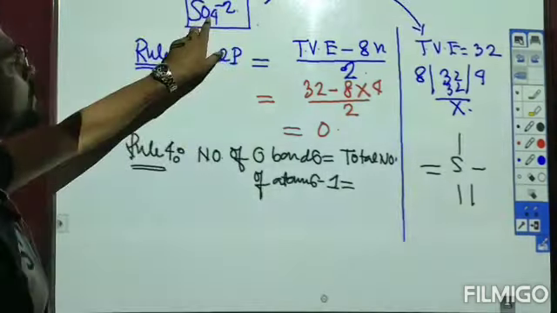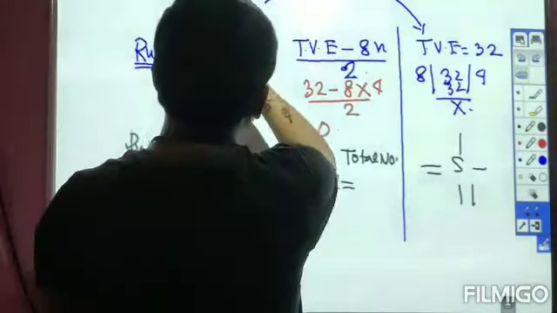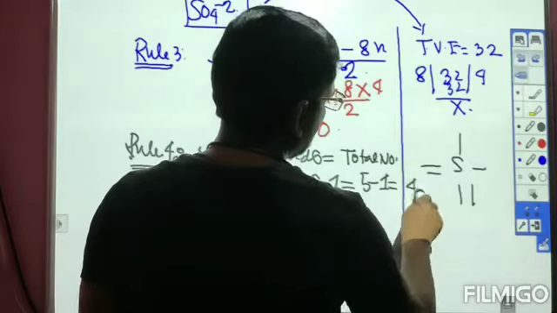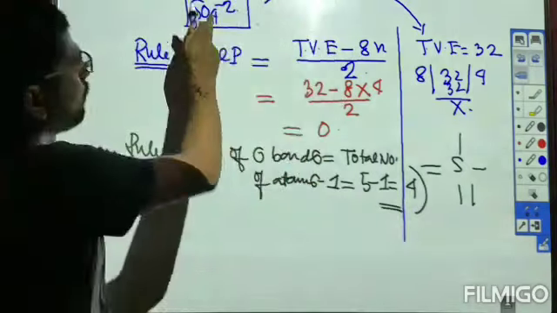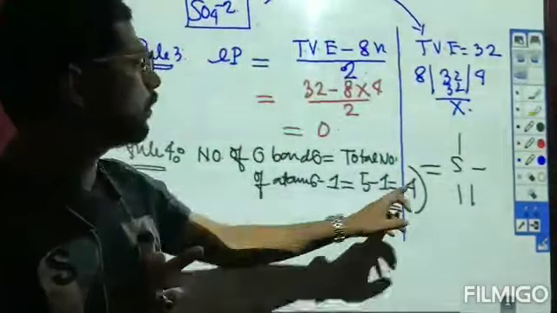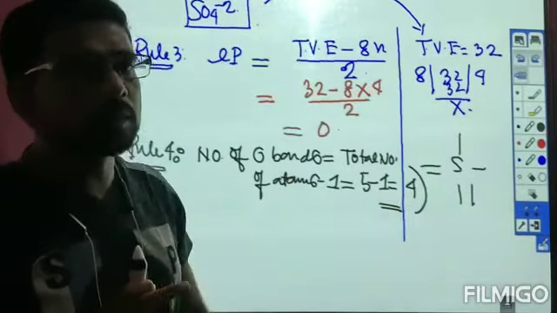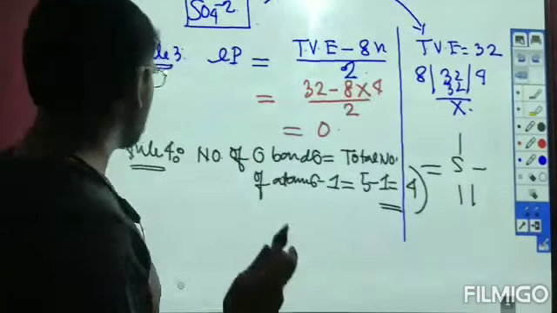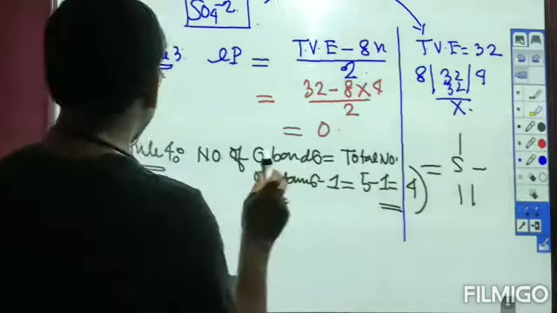Here the total number of atoms is 4 plus 1, which is 5. So 5 minus 1 gives you 4. So in SO4 minus 2, there will be 4 sigma bonds. Now let's count the number of pi bonds. How do we count the number of pi bonds?